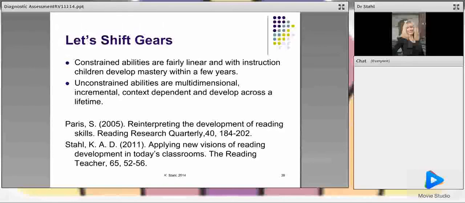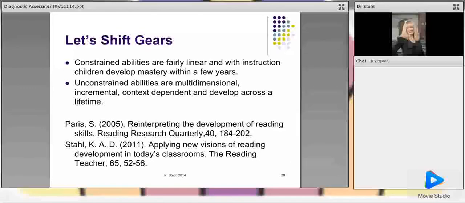Unlike unconstrained abilities, which involve comprehension and vocabulary, and these are multidimensional, they grow incrementally. So for example, a child can read a passage. I could read a medical journal, and I could certainly read it and get some idea of maybe what it was about, what illness it's about. But I would have a little bit of knowledge of the passage, but I would certainly not be able to.